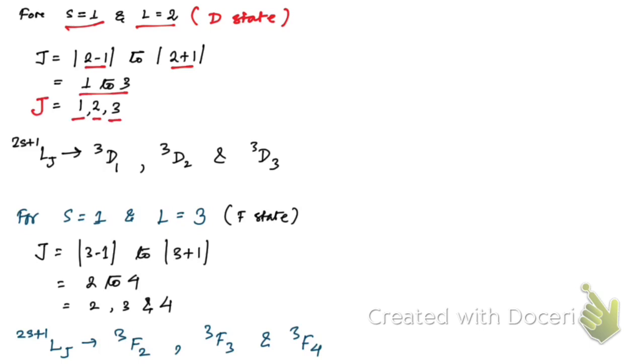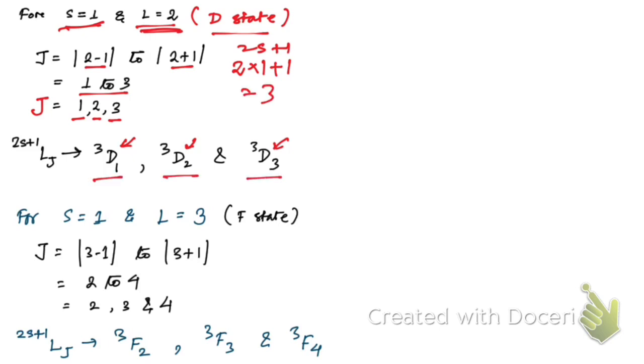It is D state because L is equal to 2 here, so we are writing D. And value of S is 1, so multiplicity is simply 3, 2 into 1 plus 1, that is 2S plus 1, which is equal to 3. So that's why 3D1, 3D2, 3D3, because these are the values of J, 1, 2 and 3, right? So hope you got it.